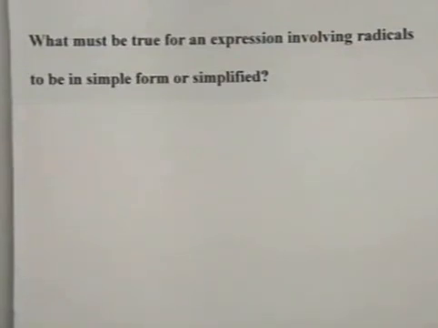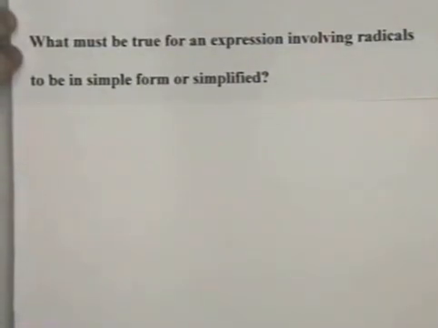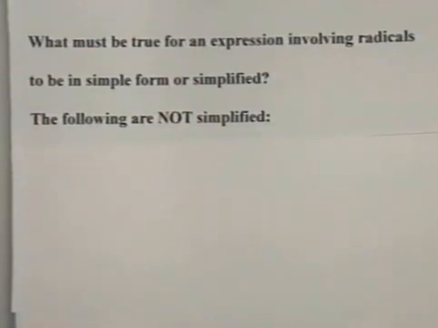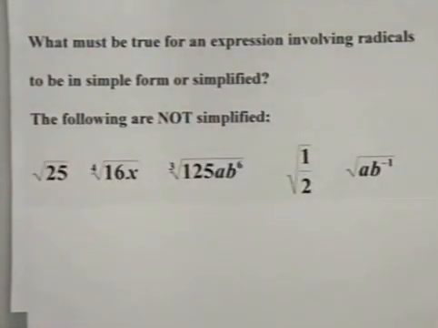So here's the question again. What must be true for an expression involving radicals to be in simple form or simplified? Well, let's begin by looking just at some examples of radical expressions that are not simplified. So here are some.